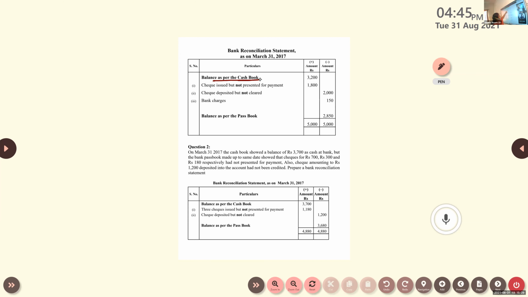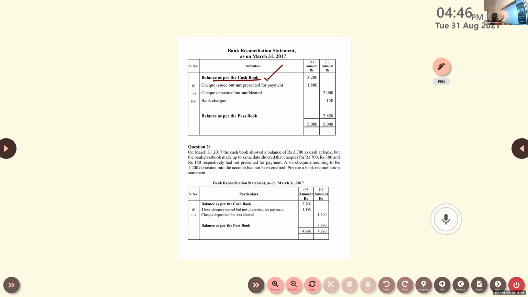So we are going to make adjustments in the cash book. We cannot do anything with the passbook, as it is already prepared by the bank. We can only make changes in the cash book, making alterations to bring it to the passbook balance.